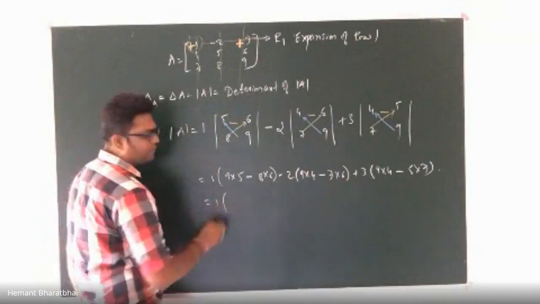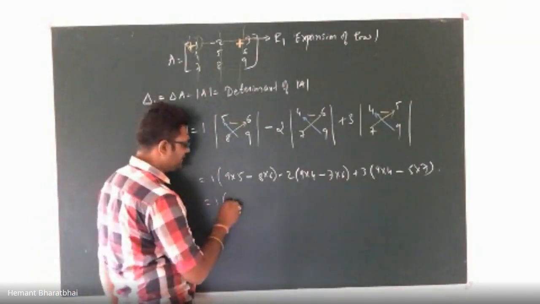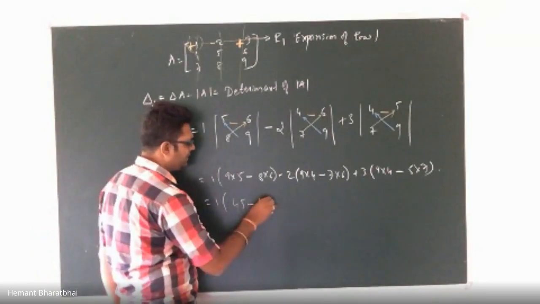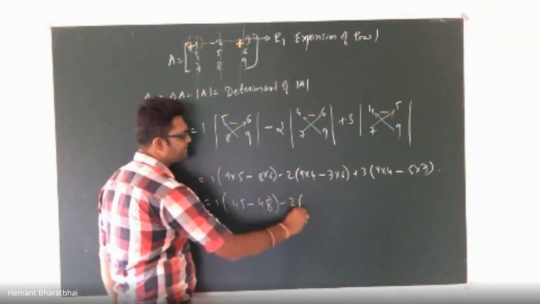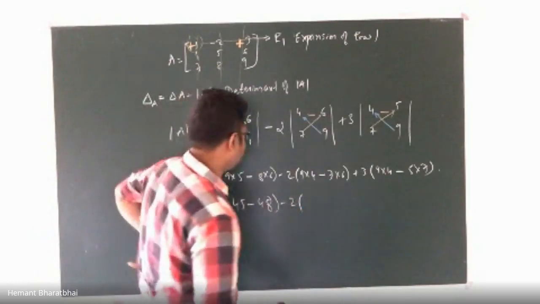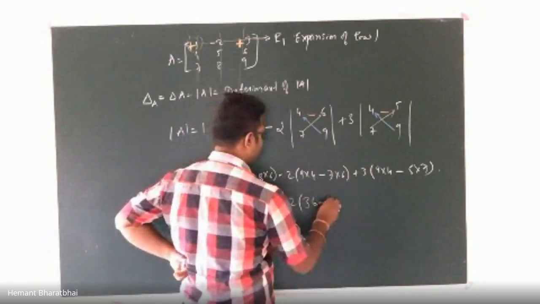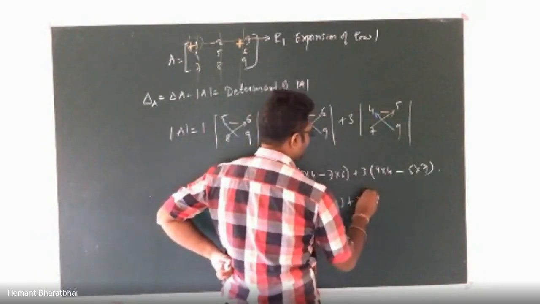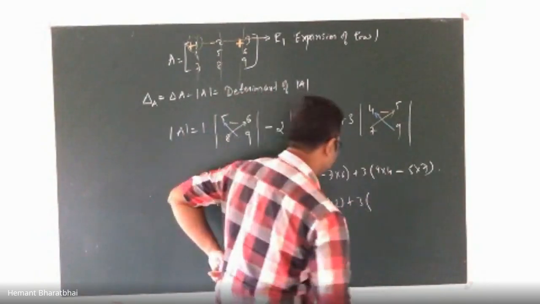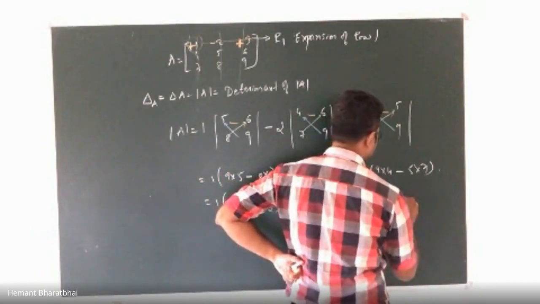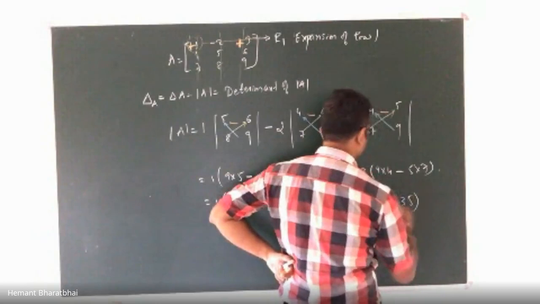So I will get 1 into (45 minus 48), minus 2 into (36 minus 42), plus 3 into (32 minus 35).